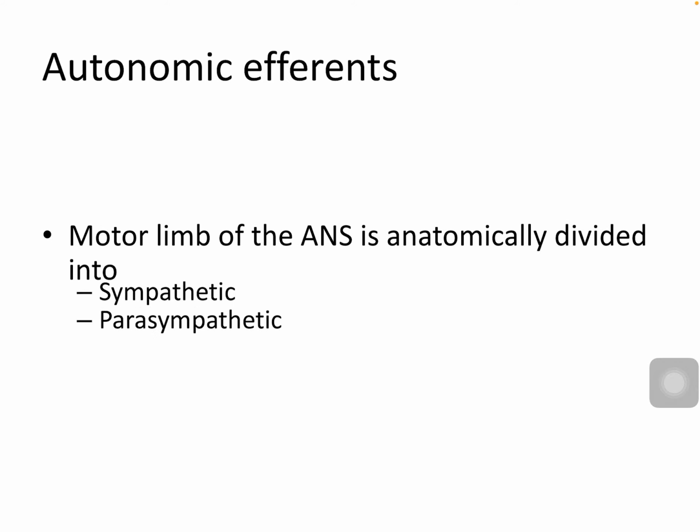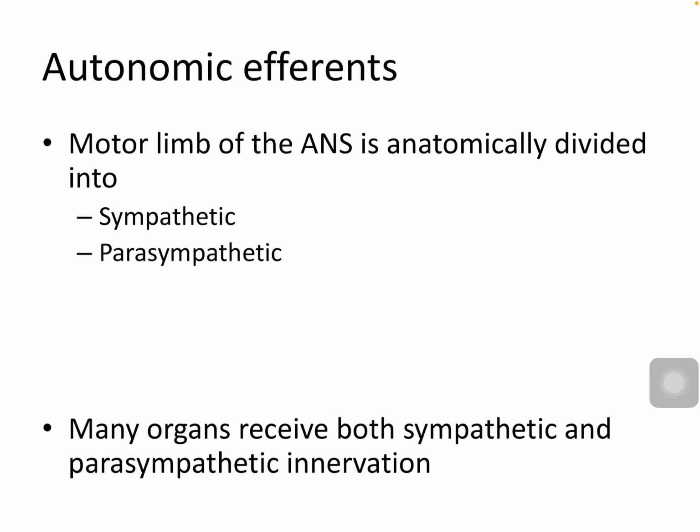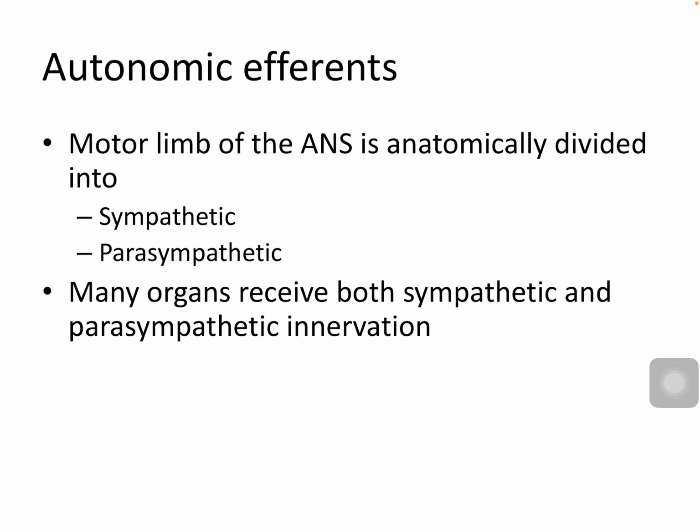Motor limb, that is the outflow of the ANS, is anatomically divided into two parts. It could be either sympathetic or parasympathetic. Many organs receive both, like the majority of organs, for example the heart, respiratory smooth muscles, intestinal smooth muscles, the bladder muscles.